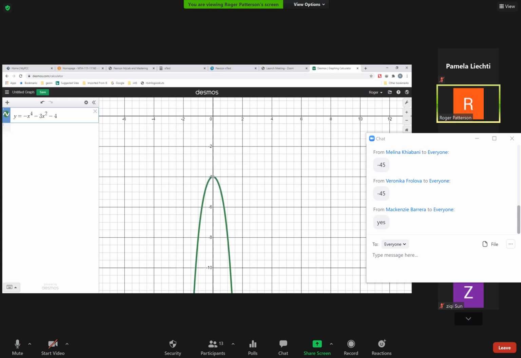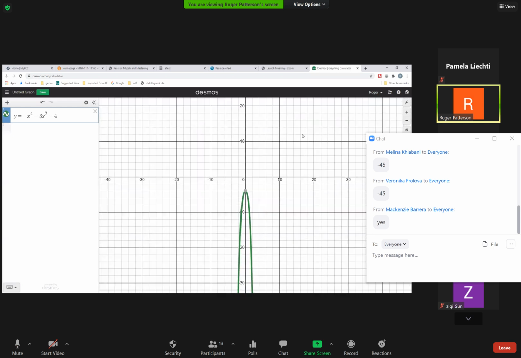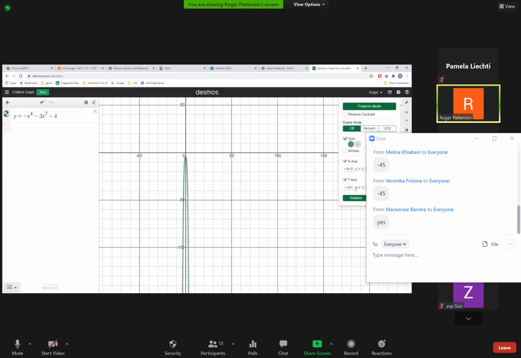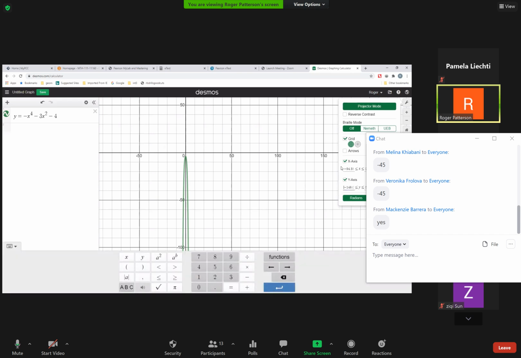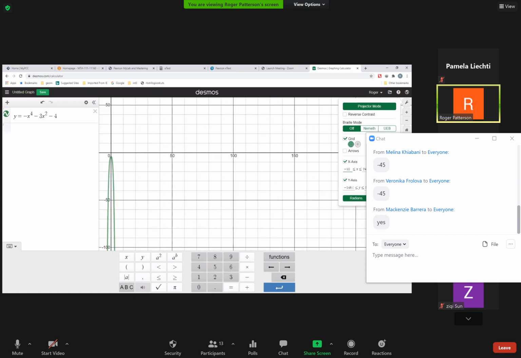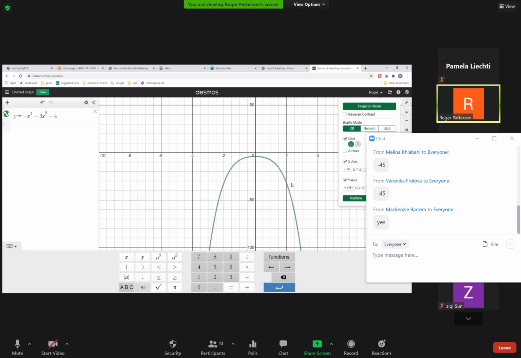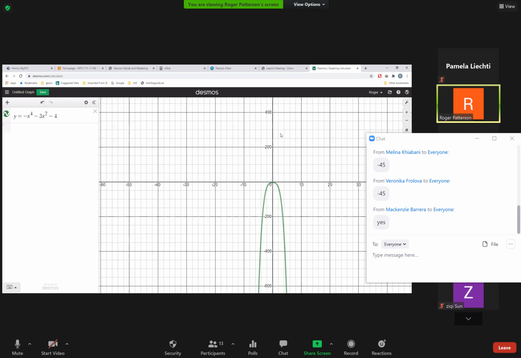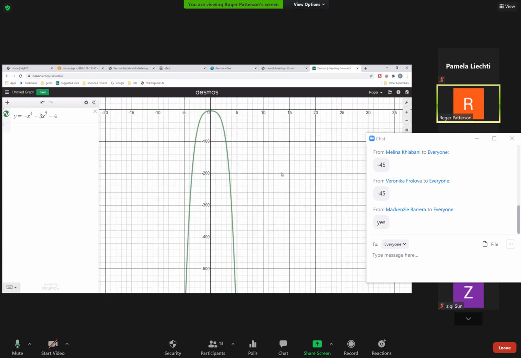Okay? Let's see if we can zoom out on this a little bit. Let's see if we can fix the screen here. Oops, I don't want that one. I want this one. You can see that that thing's just going down.